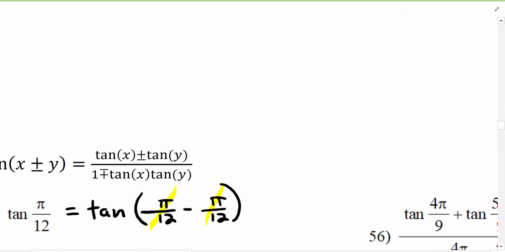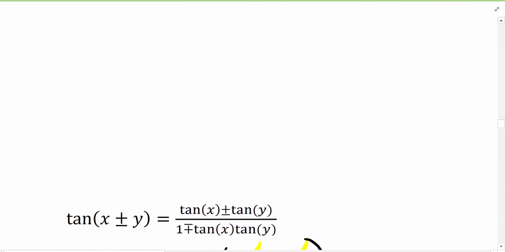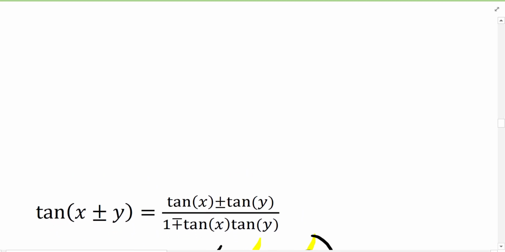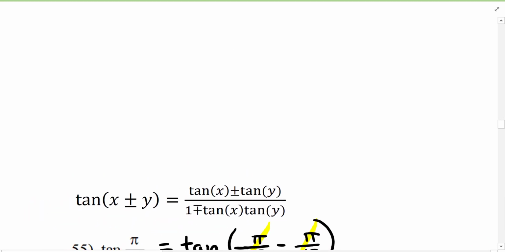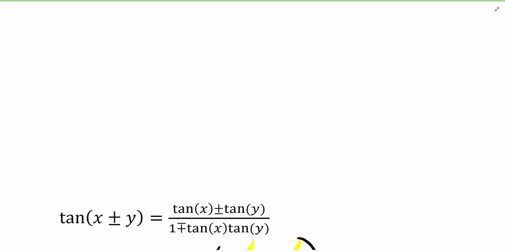All right, really quickly, we're going to go over tangent. Tangent is a different beast than the other ones. So if this is a plus sign, here will be a plus sign, but down here it will be the opposite. So for tangent, if you have a plus here, you'll have a plus here and a subtract here.